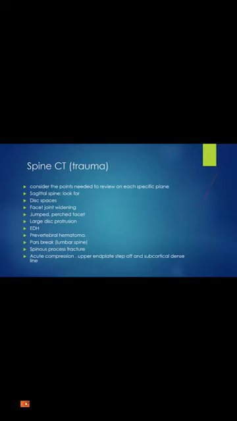So we should consider points needed to review on each specific plane. Using the sagittal plane, we should look for the disc spaces, disc space widening, facet joint widening, jumped perched facet, especially in the cervical spine, and large disc protrusion. In CT, definitely we're not able to see disc protrusion as well as MRI, but at least we can determine if there is a large one.